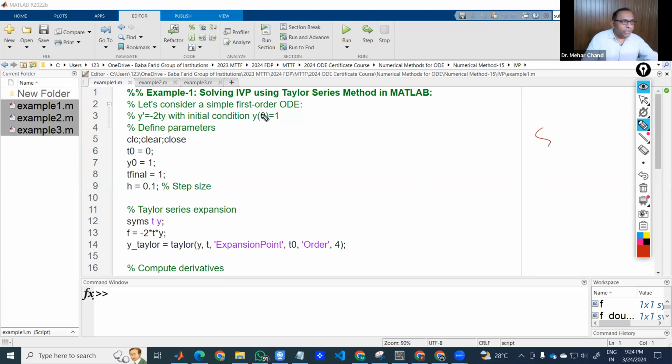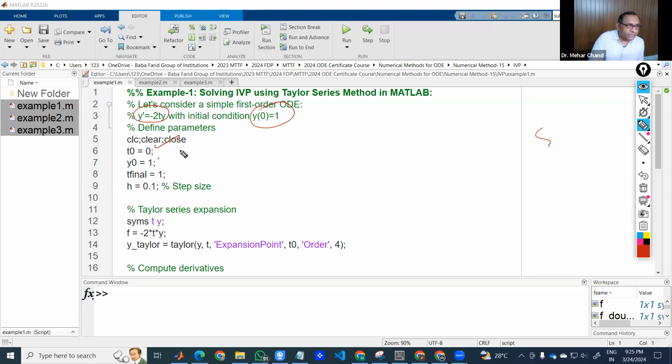Here we are choosing a very simple first order differential equation, which is y dash is equal to minus 2y, and the initial condition we have is y(0) is equal to 1. One more thing I let you know: Taylor series is also an inbuilt function in MATLAB, and we do not need to create the Taylor series expression or write a program to implement it. We just need to call this function from MATLAB.